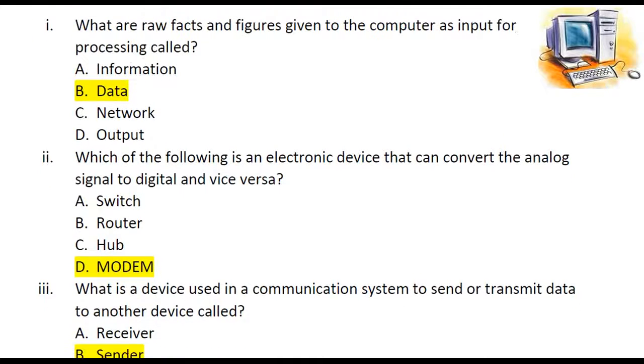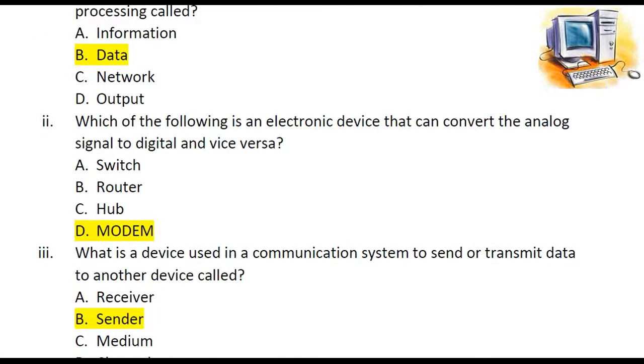Second MCQ says: which of the following is an electronic device that can convert the analog signal to digital and vice versa? As we discussed, the communication device used for this purpose is called a modem. Modem performs modulation and demodulation, which is the conversion of a signal from digital to analog and from analog to digital.